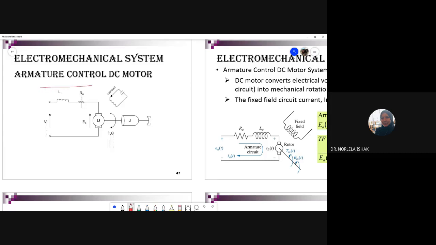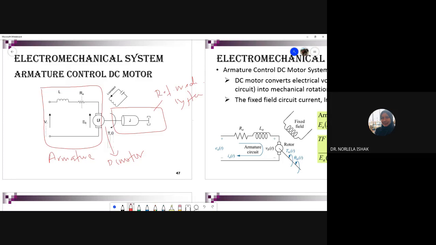We have one system here, armature control. This is the armature, one subsystem, and this is our DC motor, one subsystem, and then we have this, a rotational mechanical system. This is another subsystem.